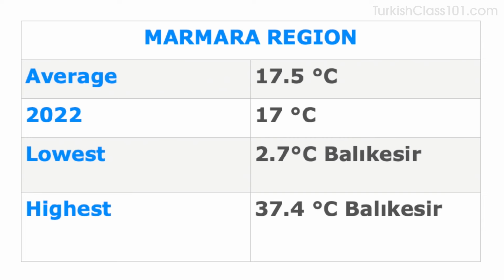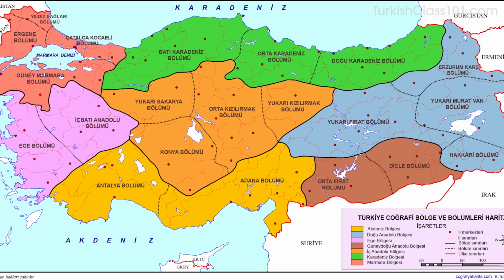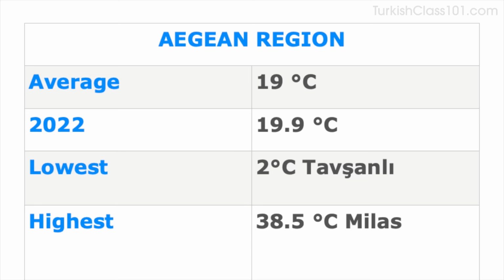The lowest was 2.7 in Balıkesir and the highest was 37.4 in Balıkesir. Aegean region, the long-term temperature is 19. It was 19.9 in 2022. The lowest was 2 in Tavşanlı, the highest was 38.5 in Milas.